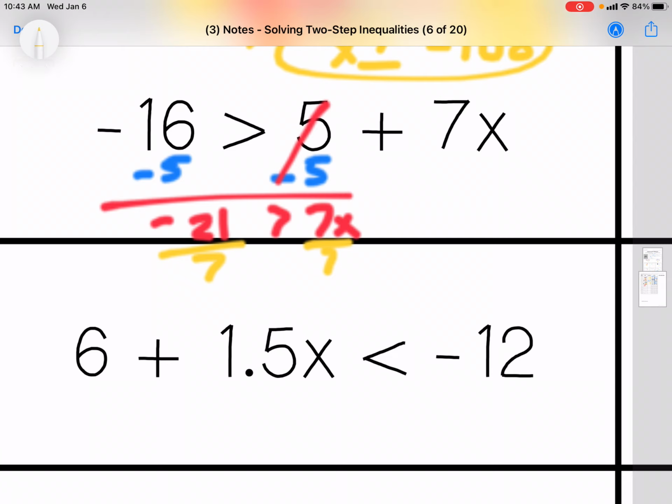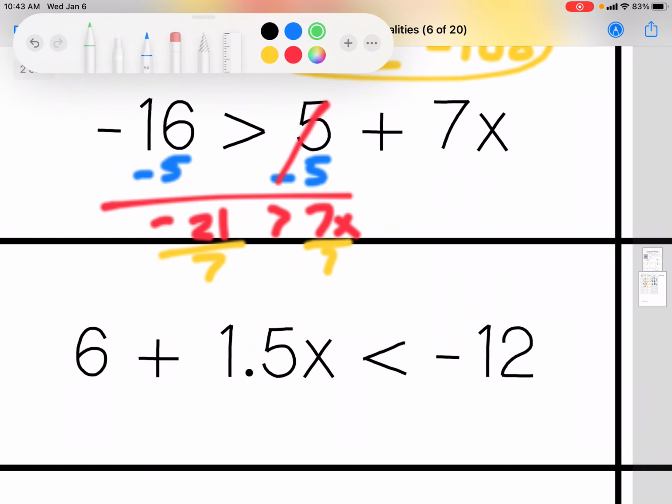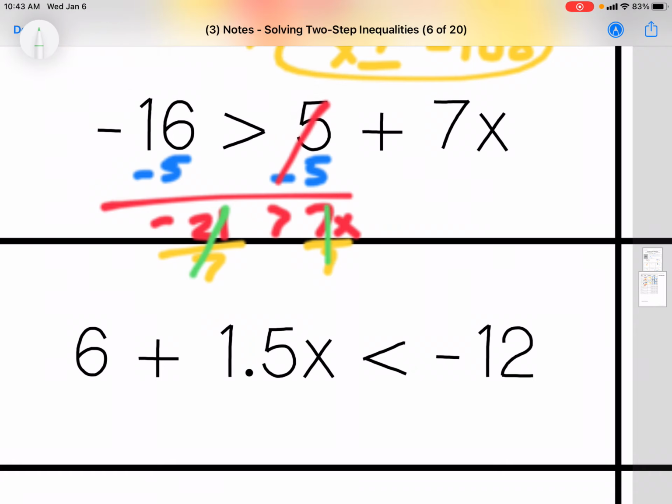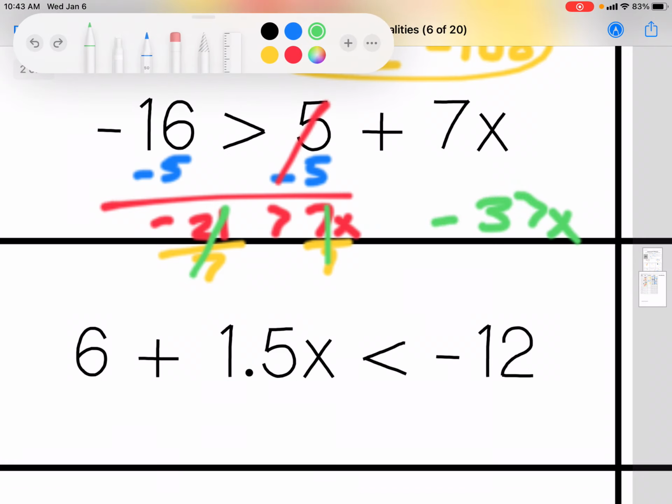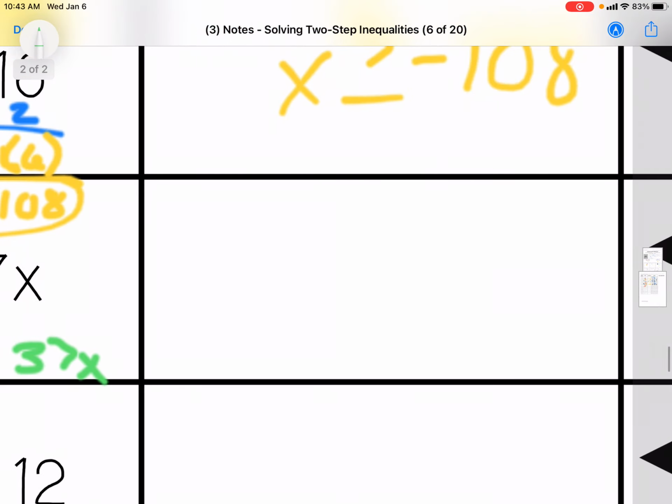Yes, I divided a negative there, but I didn't go across and do negative to both sides, so I do not flip the sign here. I divided by a positive 7, okay? So all those go away, and I'm left with negative 3 is greater than x.